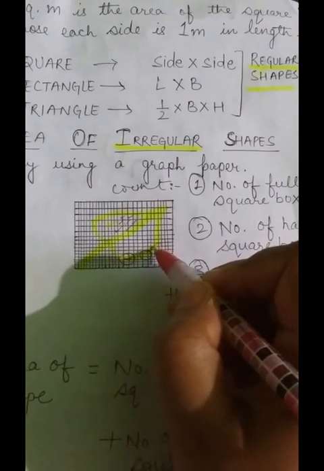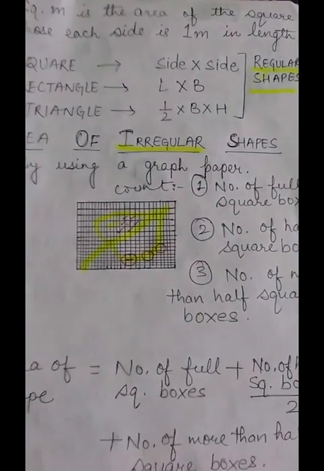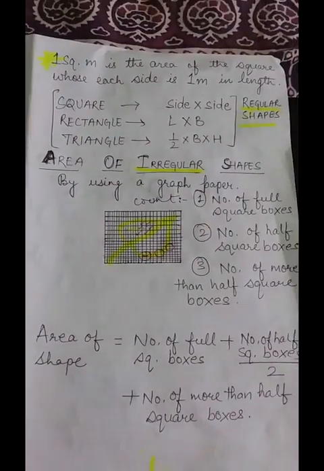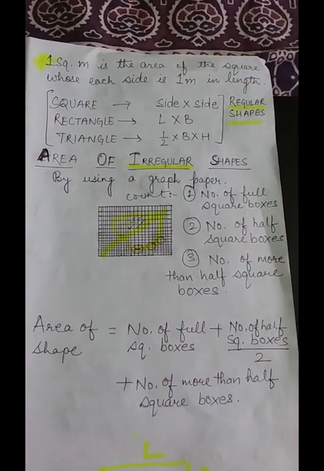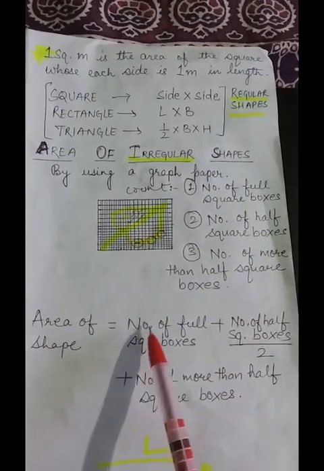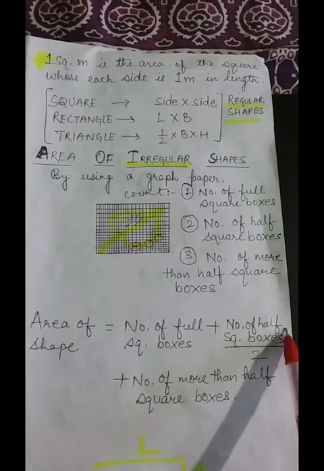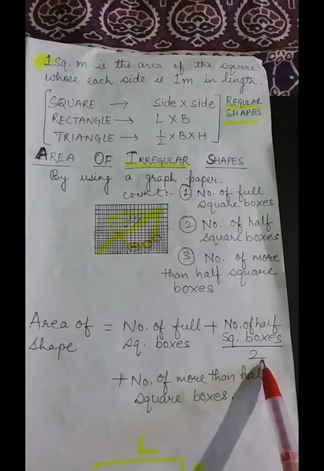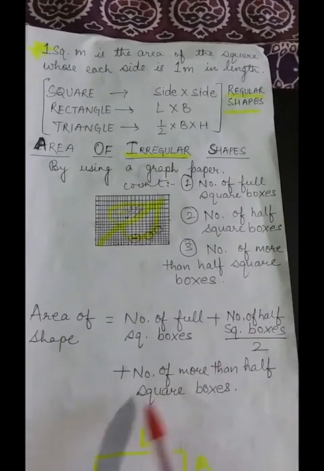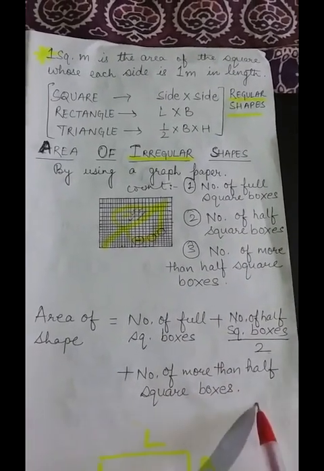So these are your more than half square boxes. Then for the area of the leaf, you have to do the number of full square boxes, plus the number of half square boxes divided by 2, plus the number of more than half square boxes.